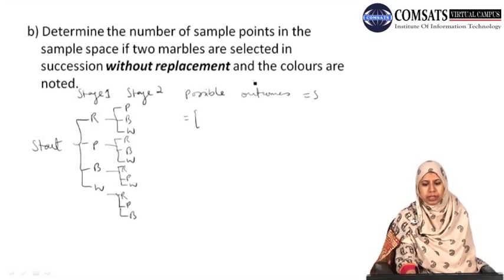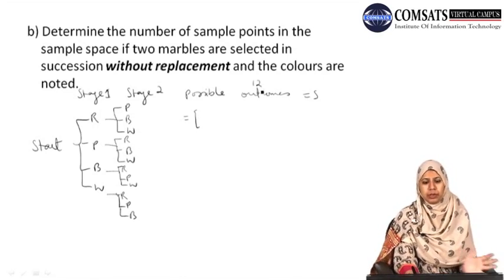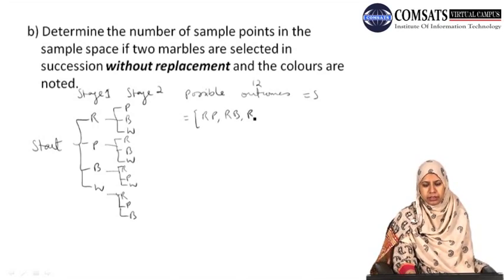So our possible outcomes are actually 12 in this case, 4 less than the example of with replacement. And the possible outcomes are red pink, red black, red white, and up to white red, white pink and white black.